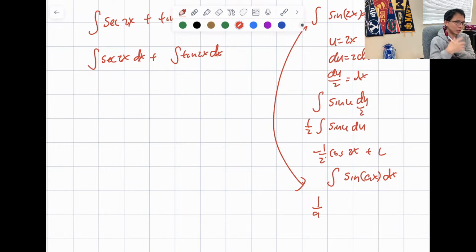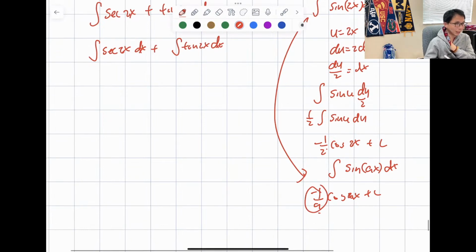That's a really important strategy because Sadat is a math competition kid. He wants to be able to do things fast. This is how you do things fast. 1 over a, and now you just have to follow the integration of cosine of that, so it'll be cosine of 2x. Cosine of ax, right? That's always true because that 1 over a part is what the derivative wants you to be able to see.